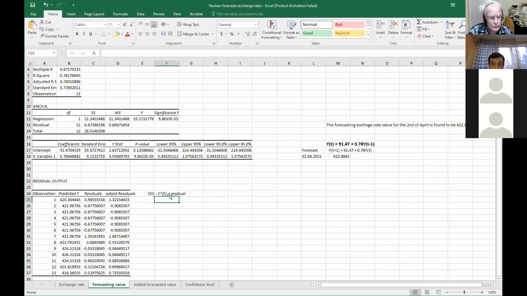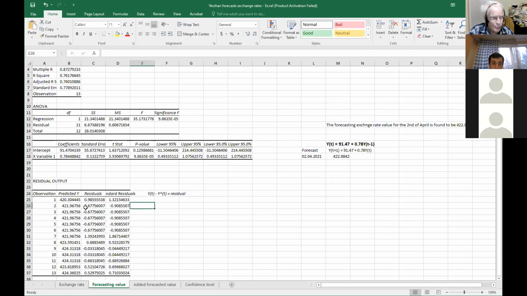So the residual is measuring the mistake in the forecast, when we use past values and try to predict them. For example, for our first year, the standard residual and the residual are positive. So this means that our model of the exchange rate has under-predicted. It is below the actual exchange rate.